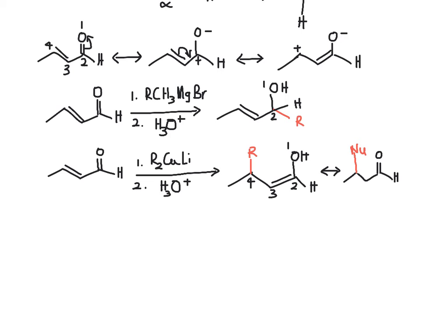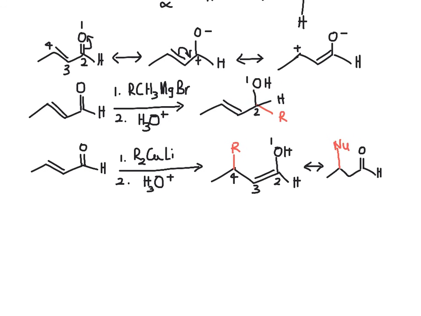The second reaction, the 1,4 addition type reaction, or the conjugate addition reaction, is an example of a named reaction called Michael addition. Michael addition is the 1,4 addition of resonance stabilized carbanions. An example of a resonance stabilized carbanion is enolates.